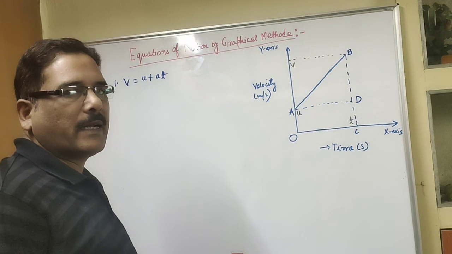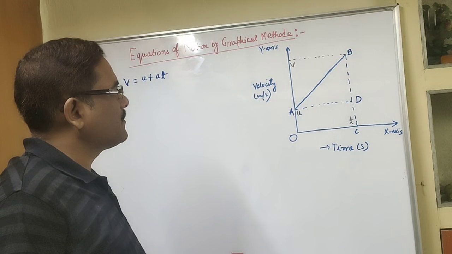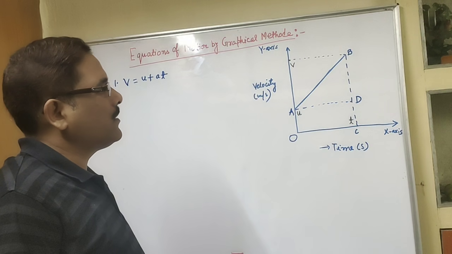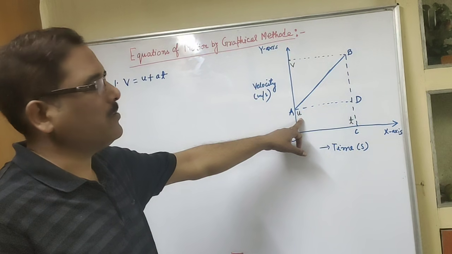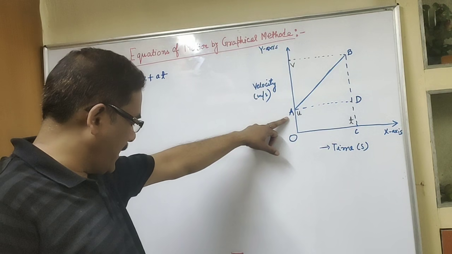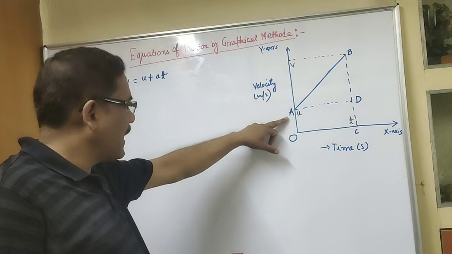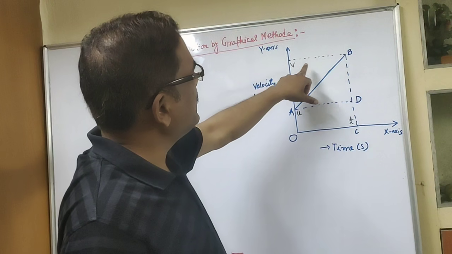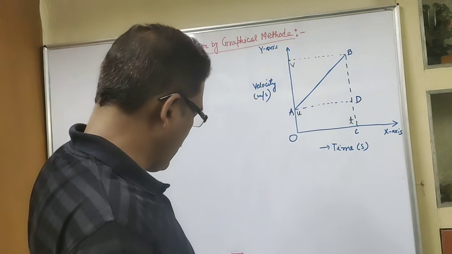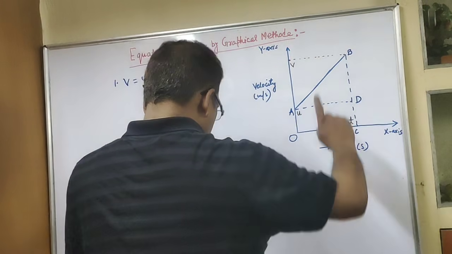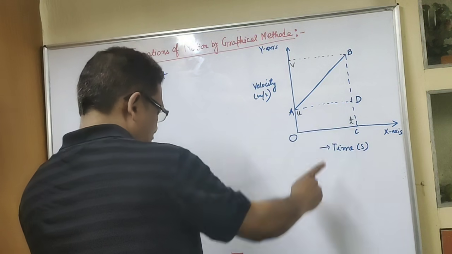From graph, write, object has initial velocity u at point A, and then it increases to v at point B, in time interval t.